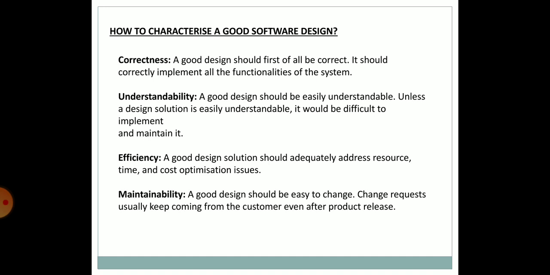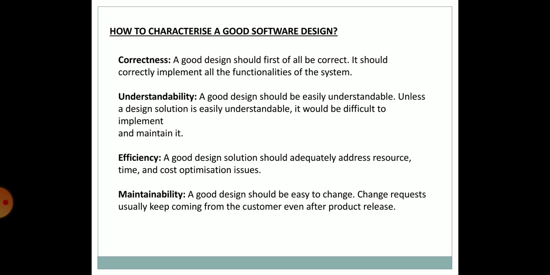But most researchers and software engineers agree on a few characteristics that a good software design should have. For general applications, a good software design must possess a certain group of characteristics. Among them, correctness is an important criterion.